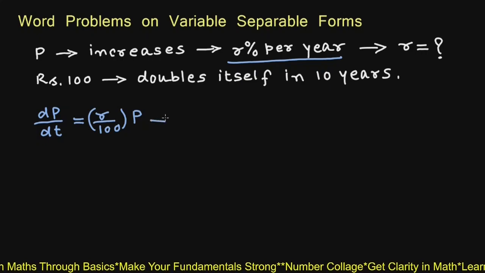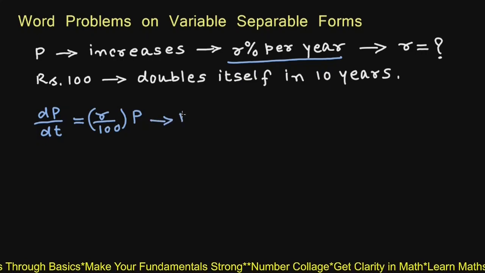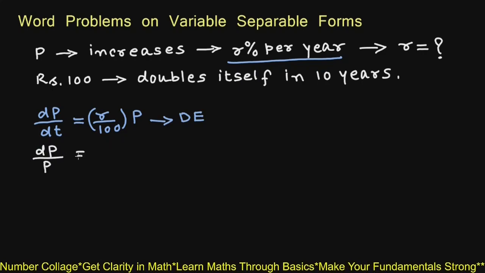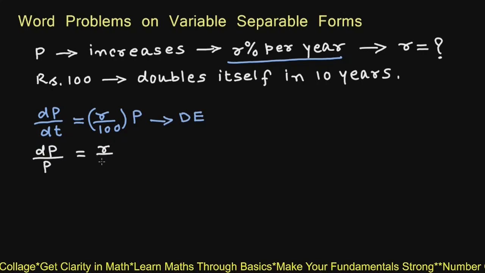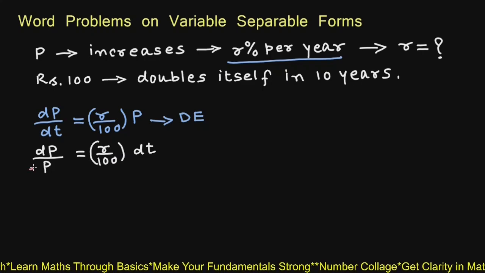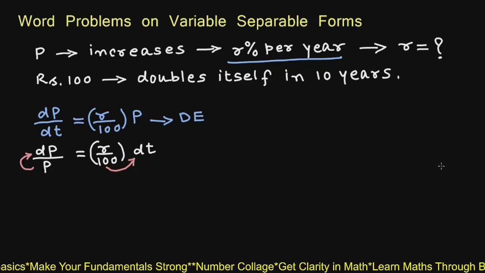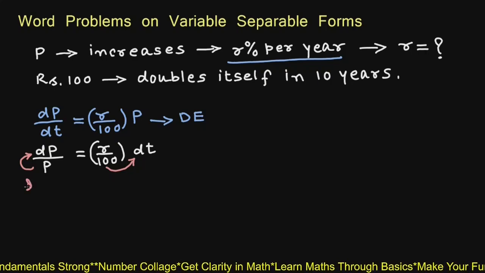So this is the differential equation that we have to solve. For separating variables, we write dP upon P equals R upon 100 dt, function of P with dP and constant with dt. So variables have been separated.